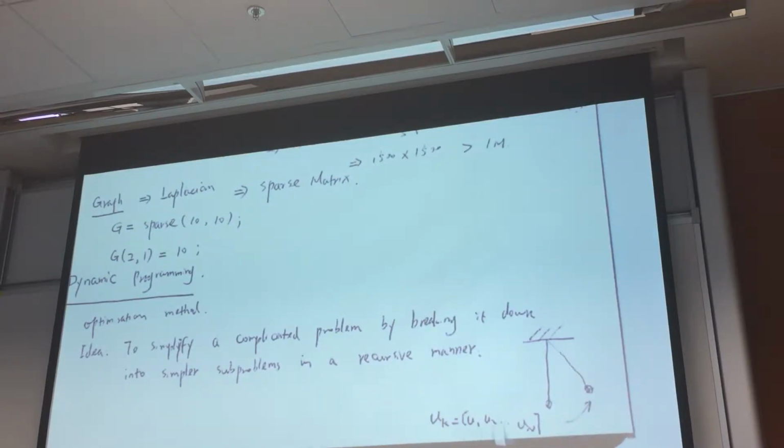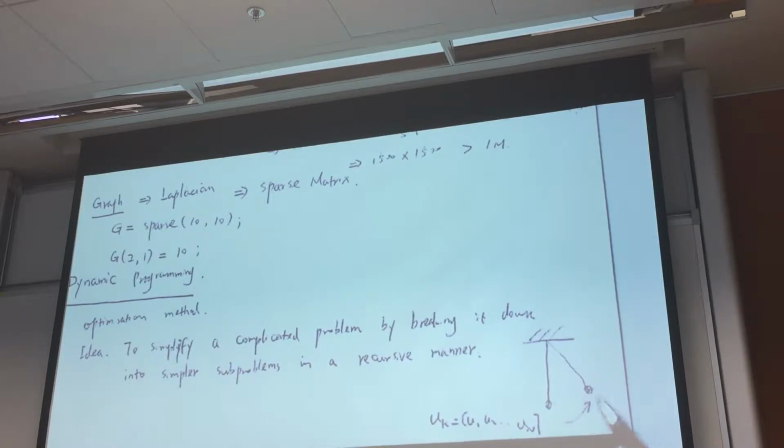Because it's a recursive manner, it's very good for the real-time implementation. In the computer implementation, it's easier to do this in a recursive manner. However, in the other method, because you calculate all this in advance, it's better for the analysis of the problem.